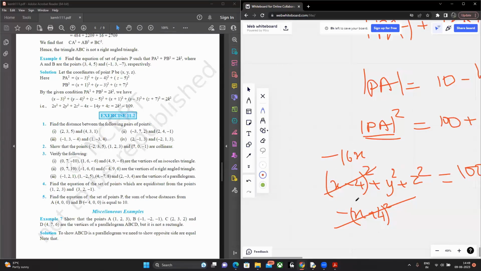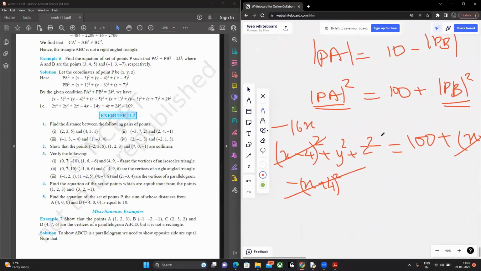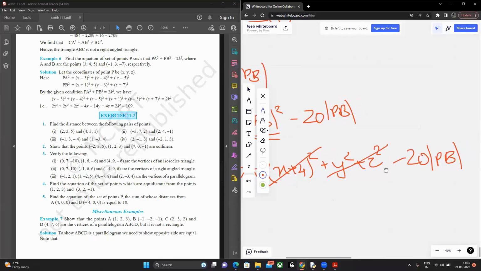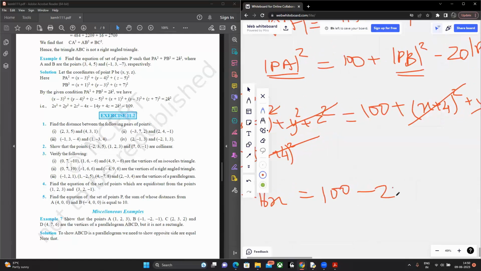That is going to be minus 8x, so you're left with minus 16x. Right, and this is equal to 100 plus y squared plus z squared, which cancels out over here, and you're left with minus 16x is equal to 100 minus 20 times mod PB.